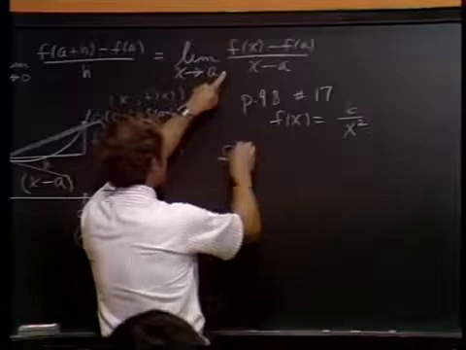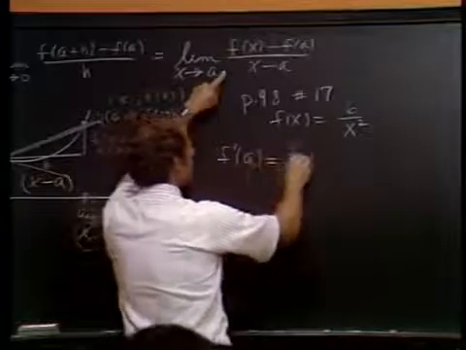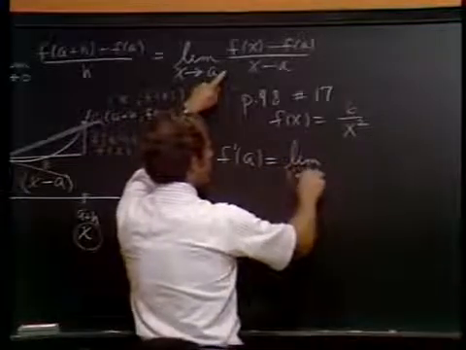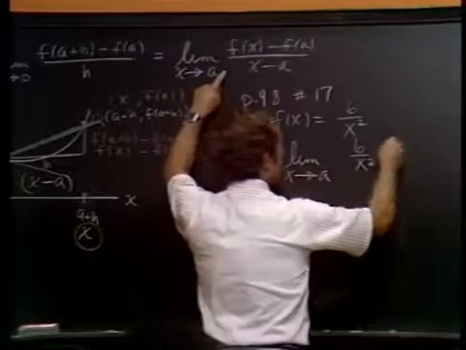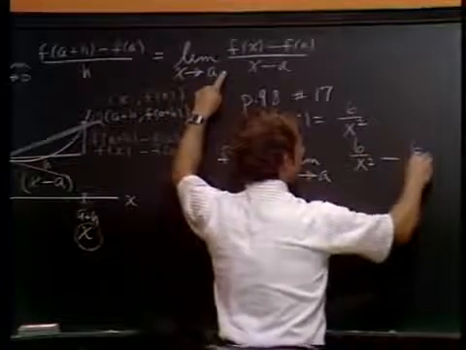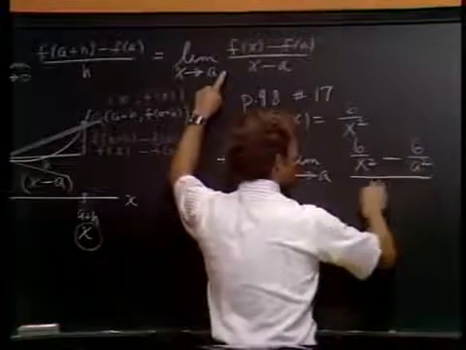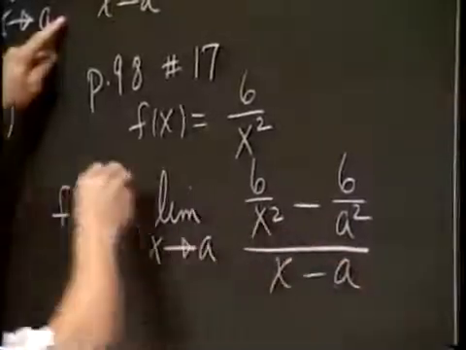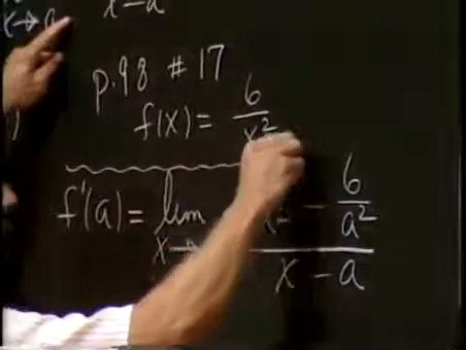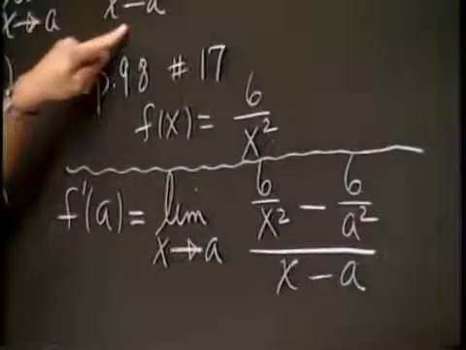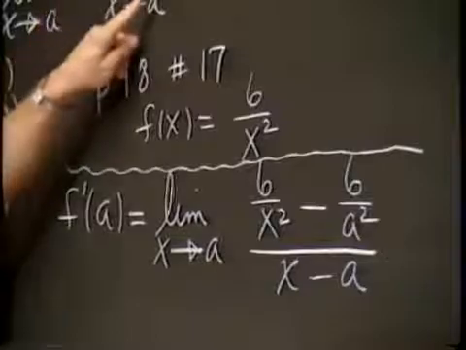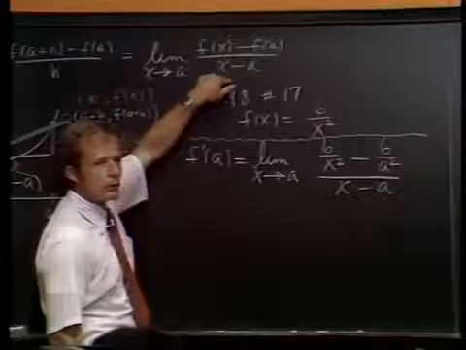What I'd like is f prime of a. That should be the limit as x goes to a of f of x, 6 over x squared, minus f at a, all over x minus a. Okay? We're using this formulation up here. It's f at x minus f at a over x minus a.